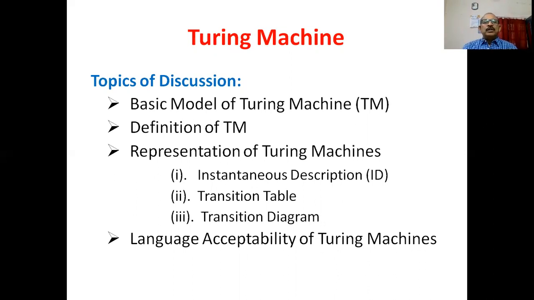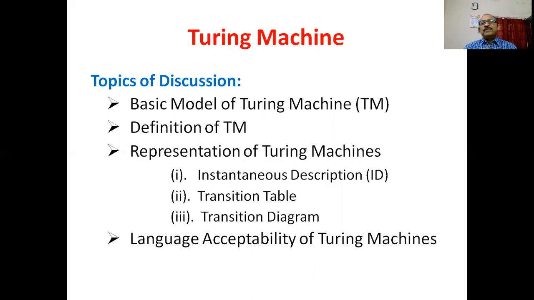So let us start. What is the Turing machine? Turing machine was invented by Alan Turing in 1936. It is the ultimate mathematical model of computer. It can compute anything that can be computed.